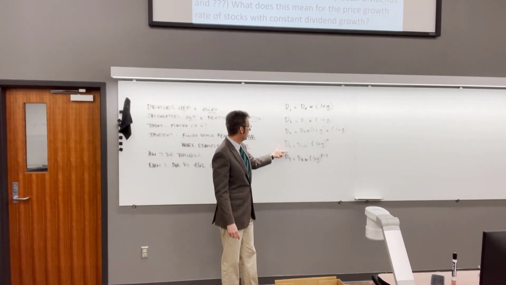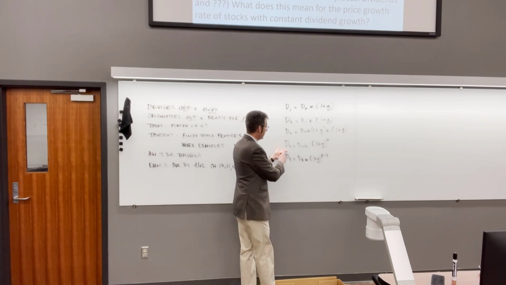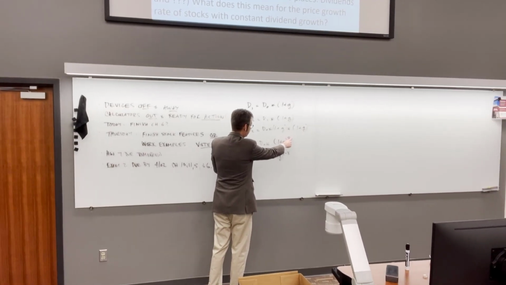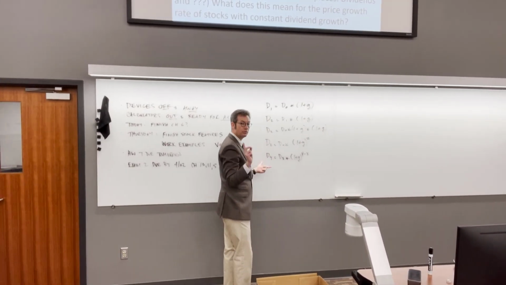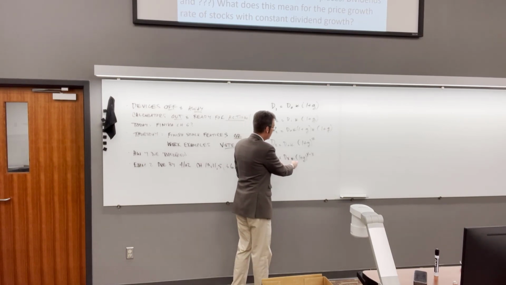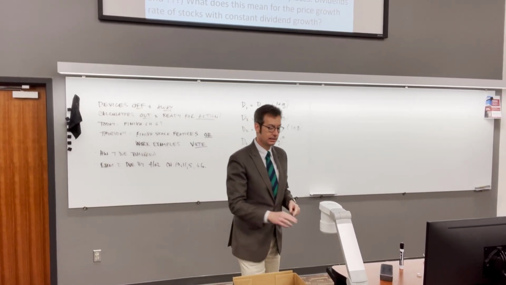Okay, now this is pretty interesting, because it turns out that I can say that D2 is equal to D0 times 1 plus G to the 2. I could actually generalize that and say that Dy is equal to Dx times 1 plus G to the y minus x.